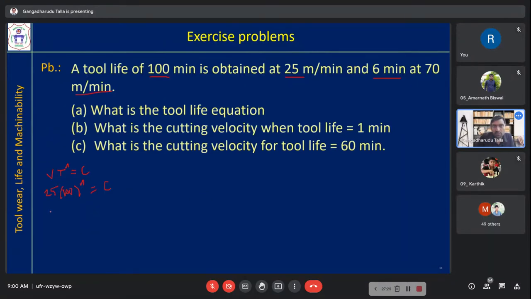Similarly, it is 70 and 6 power n equal to C. You solve these two to get n and C values. Once you get n and C values, you will put them here. That is your tool life equation for the given cutting tool. Find out n and C.